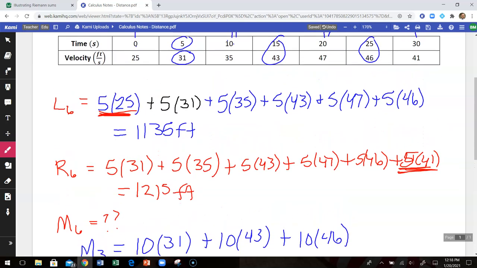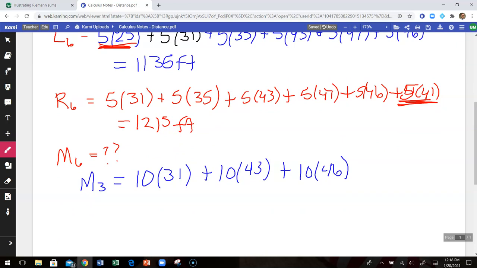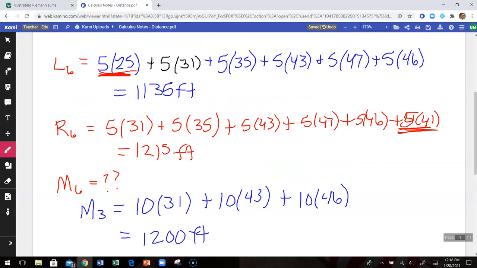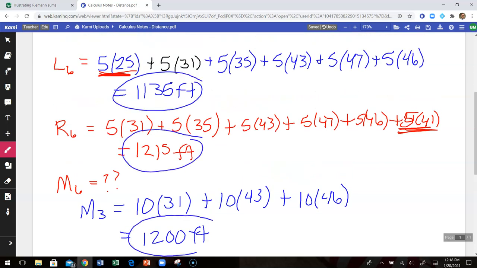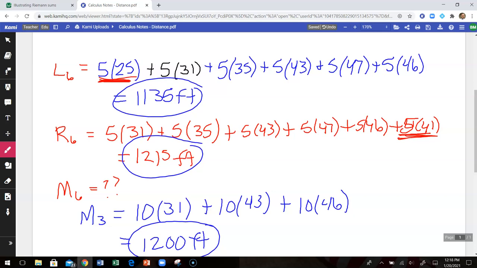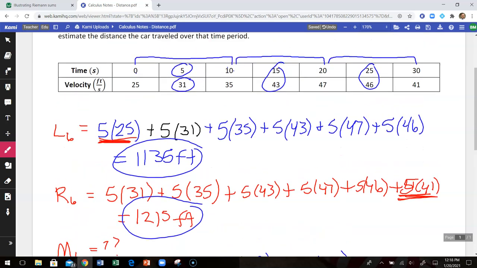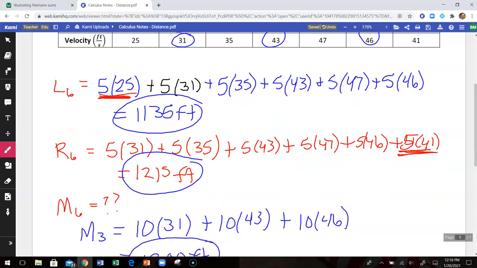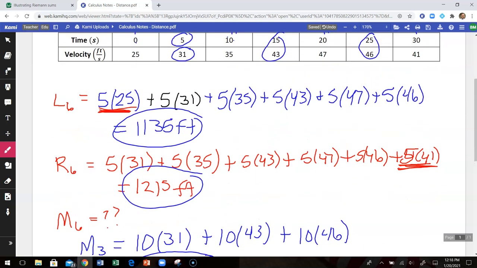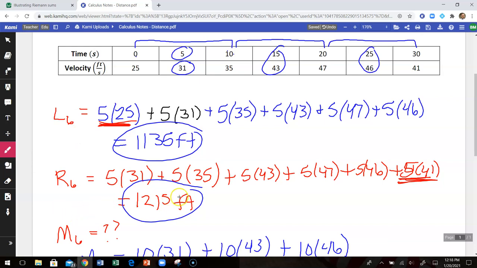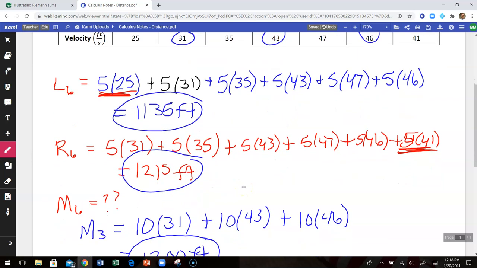This one actually gives us an estimate of 1,200, which is somewhere in between these two estimates, so we might assume that's the best answer. I will say it is typically better to use more rectangles or more intervals. If I can use 6 intervals versus 3, typically that's going to be better. Midpoints are always going to be the better estimate as well. A midpoint with 3 gave us a close estimate to either left or right with 6.